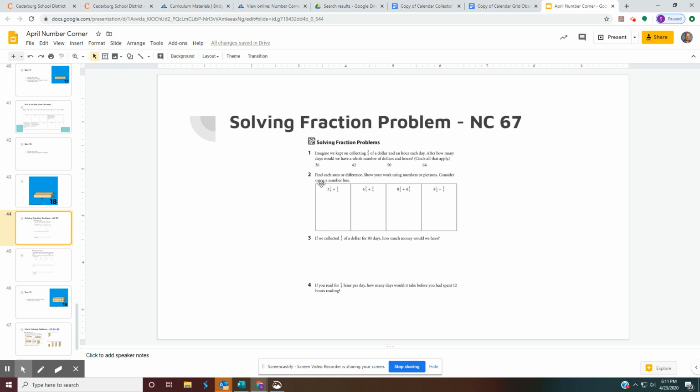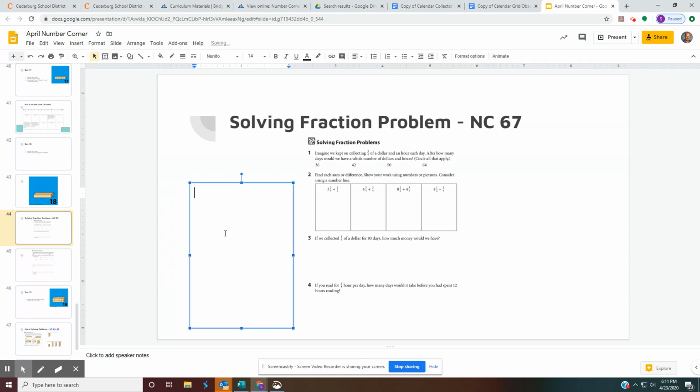Okay, now using the sum or difference, show your work using pictures and consider using a number line. So what if I have 3 1/4 and I'm going to add a half? How would I solve that problem, right? I would do this, and maybe I will have a little bit of work over here. So let's go ahead and then we have to change our 1/2 to fourths.